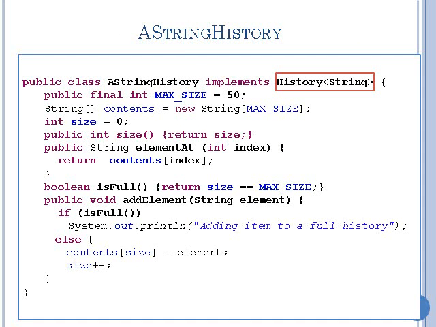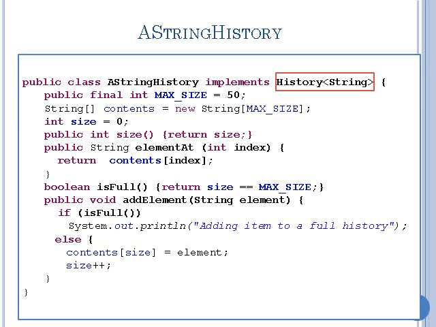Okay, so now I'm using history not to declare a variable, but in a class implementation. And rather than a string history implementing a specific string history interface, I just say a string history implements history string. So I didn't have to go and use a specific interface. I can just use a generic interface.